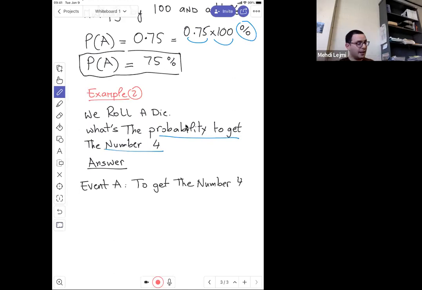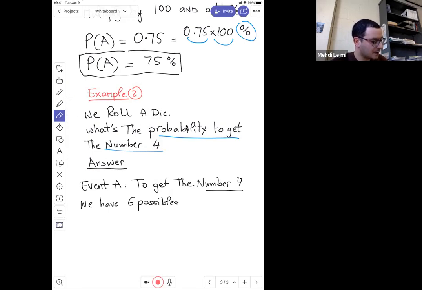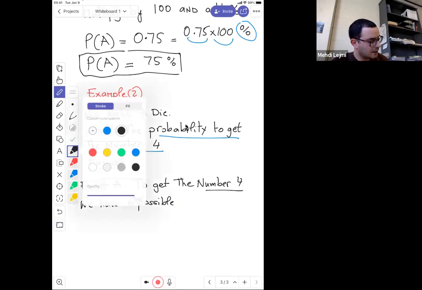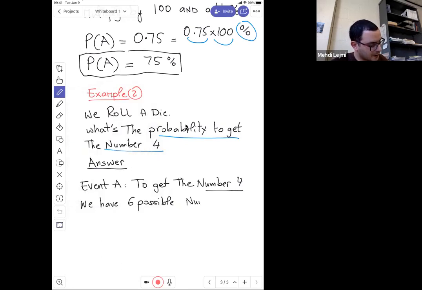Of course, we have 6 possible numbers, right? From 1 to 6.